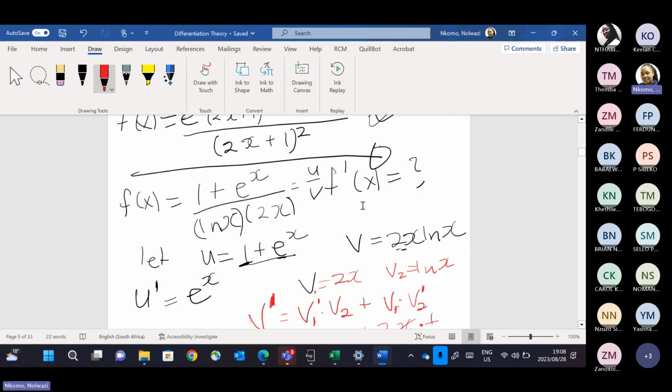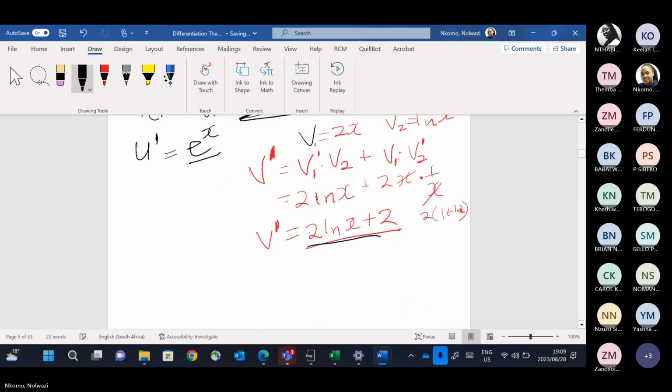Going back to our original equation, for us to find the derivative of f at x, we need to apply the quotient rule. But for us to apply the quotient rule, we need u prime and v prime. Now we have u prime and we have v prime, right?